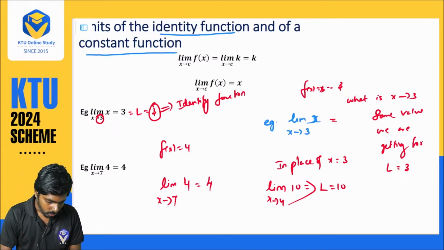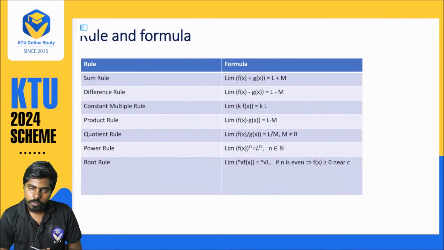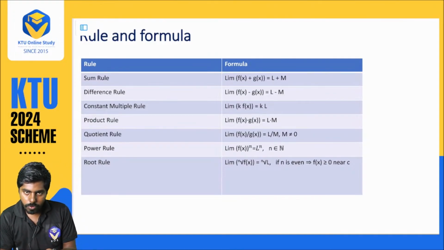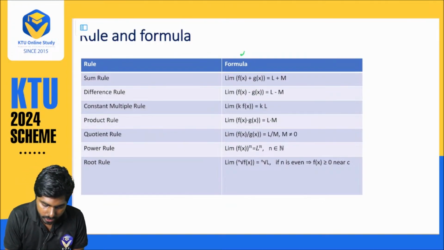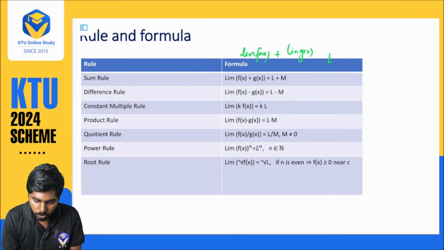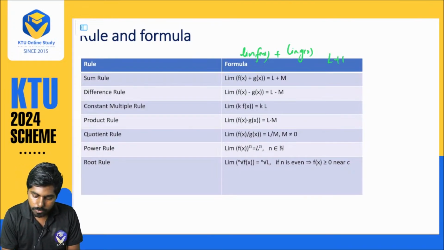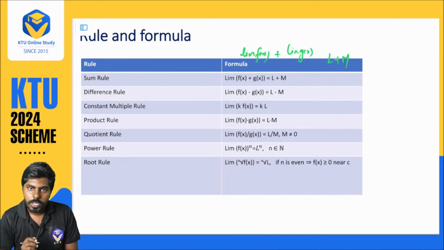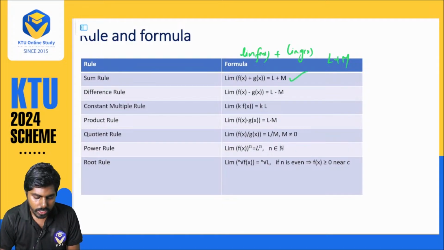Now there are certain formulas we want to know. These are very simple formulas which we have learned in our school life also. The sum rule: we add the two limits, limit of f of x plus limit of g of x. We know limit of f of x is L, and limit of g of x we will take another symbol, m. So limit of f of x plus g of x is L plus m.